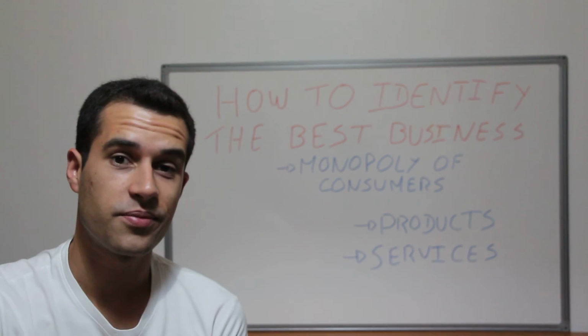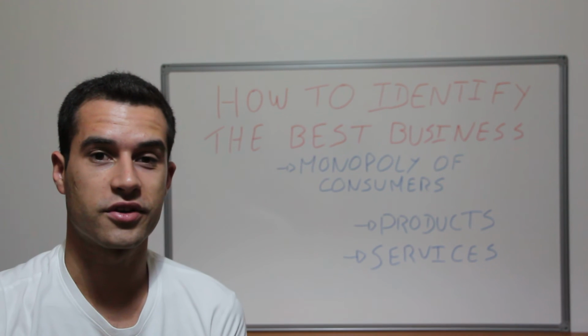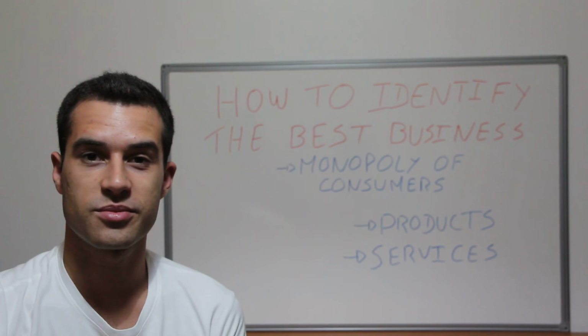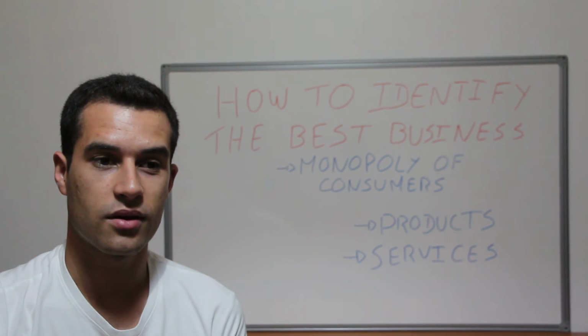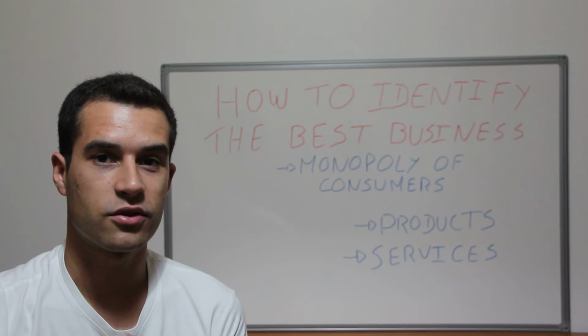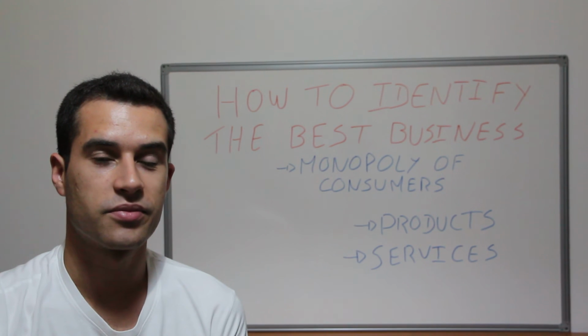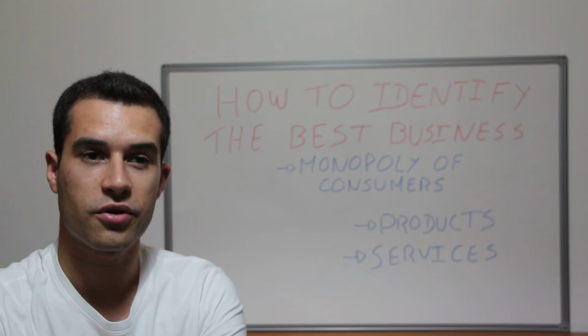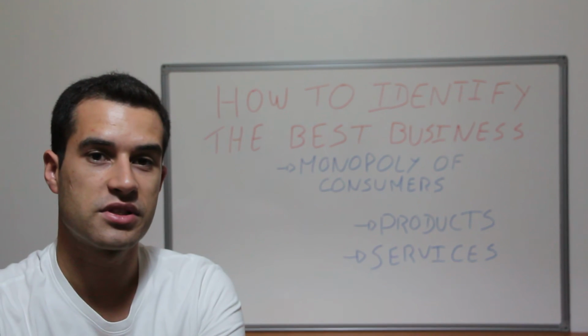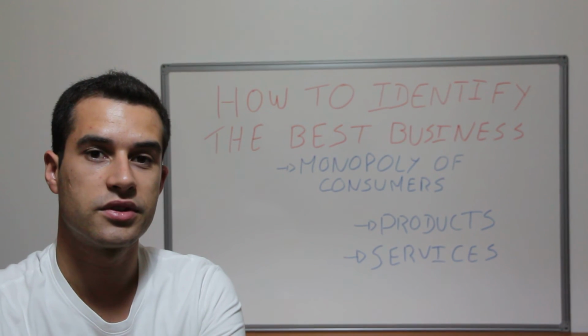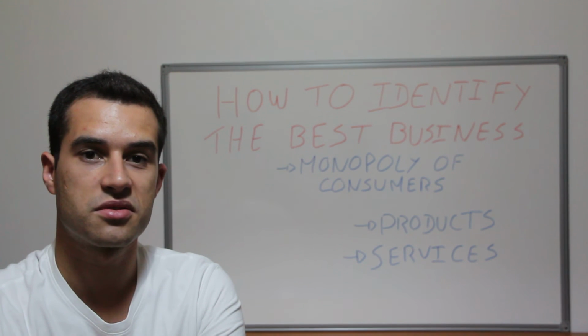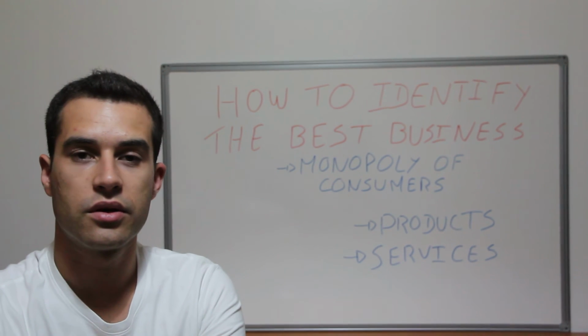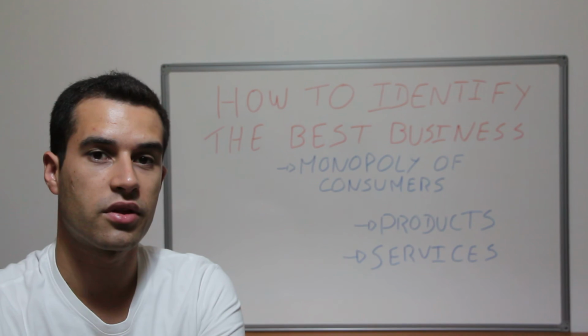So right now we have companies with a monopoly of customers that have low debt, they don't have to spend a lot of money, and they make really good revenues. So they make good profits, and profits attract investors, which means that in the long term, the stock prices of these companies are constantly going higher, whether we are in a recession period or not.